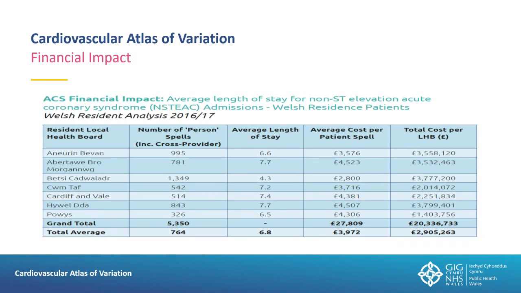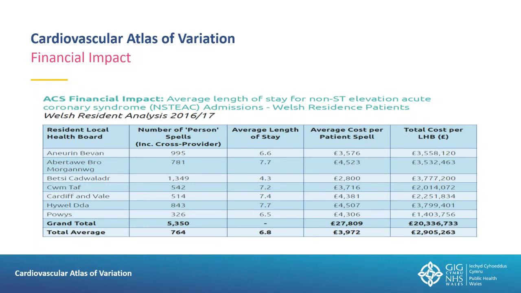But the key thing is most of the cost is driven by the length of stay. And we knew, and we still know, that the optimum quality standard is to get these patients to an angiogram and an intervention within 72 hours. So if we were delivering an optimum pathway, we would be treating them within 72 hours, discharging most of them at day 3, day 4.